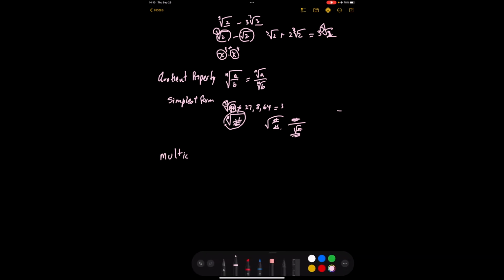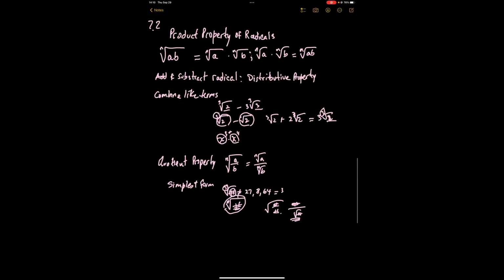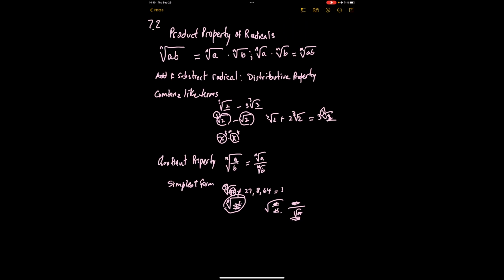The product property is the multiplication property. So in that case, I don't need to talk about it again. I did forget that we already talked about that part. If you don't remember, it is right here on the top where we talked about the product property of radicals. So this is basically what you guys need to know when it comes to radicals.